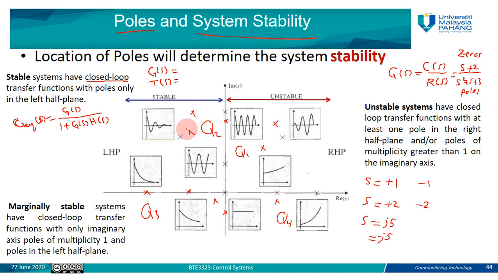The system will be stable if its poles are located on the left half plane. The imaginary axis is here, and if the poles are located in this area to the left, the system will be stable.